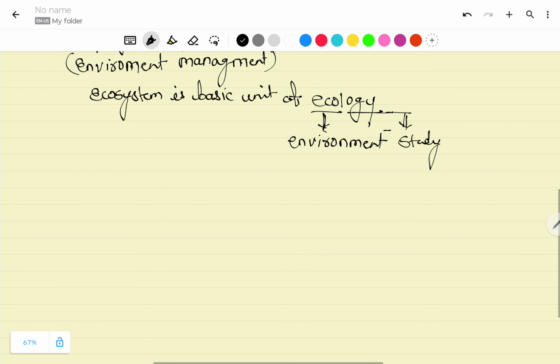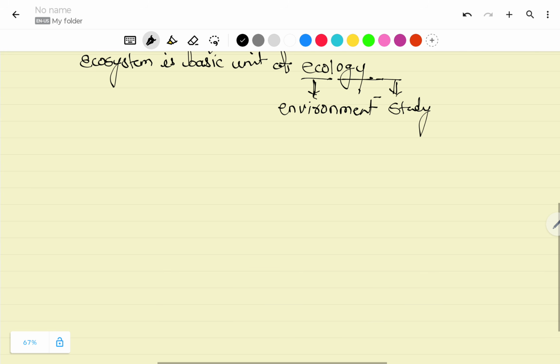Eco means environment, logy means study: environment study. The ecosystem is the basic unit of ecology. What is the basic meaning of ecology?